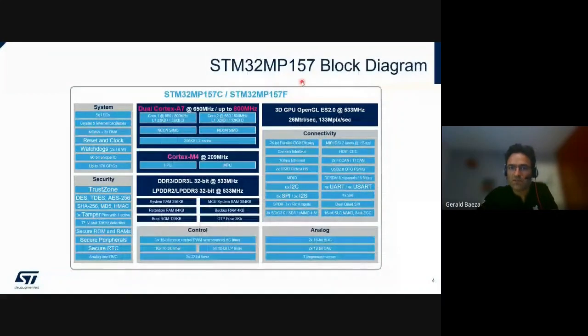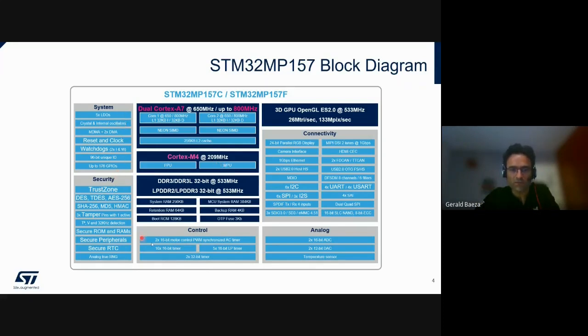So let's talk about the STM32MP15, and 7 means that this is a superset of this family. This is a SoC embedding a dual Cortex A7 able to run at up to 800 MHz. Together with this dual Cortex A7, we have a Cortex M4 running at around 209 MHz that can be used for all the real-time aspects or to offload some activities from the main core.